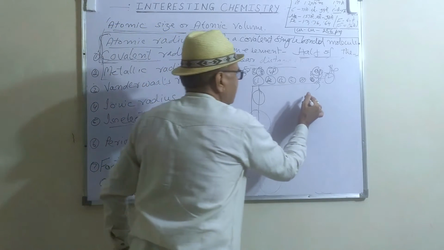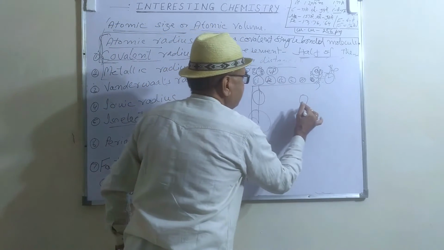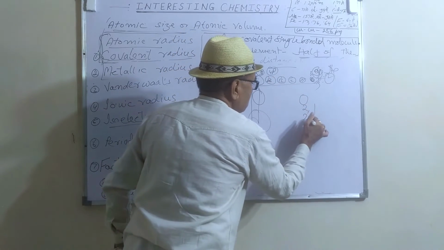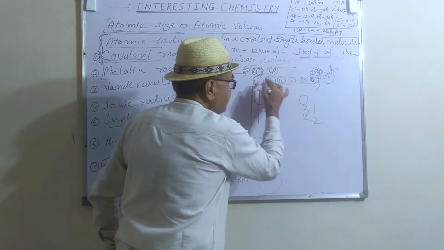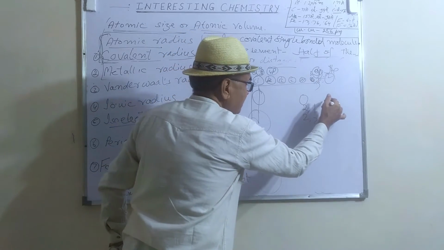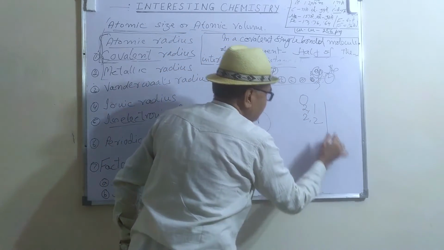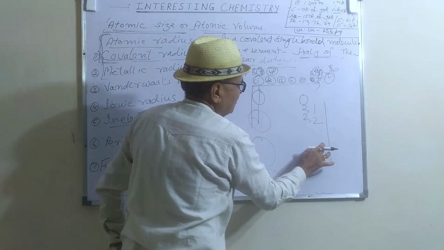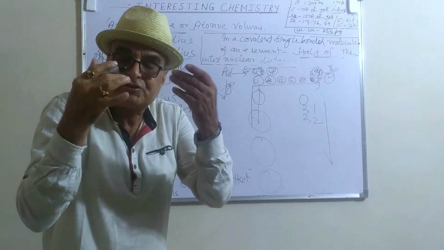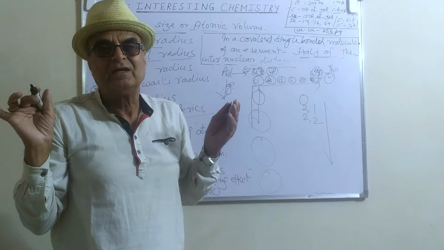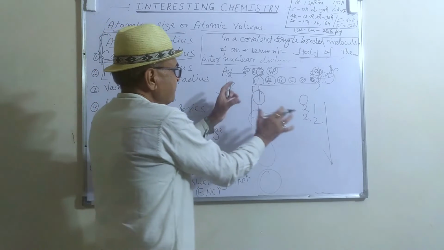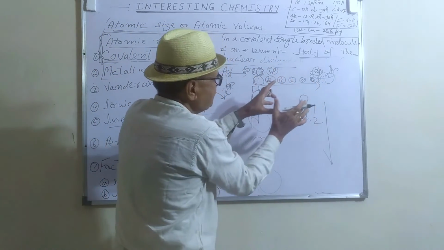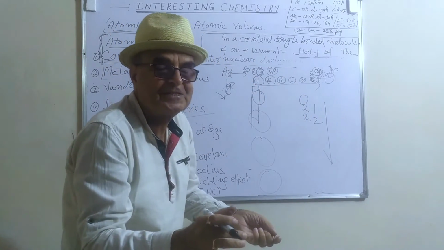But lithium is 2, 1, beryllium is 2, 2. The nuclear charge is increasing, but the entering electron will enter the same shell. So with the increasing nuclear charge, the effective nuclear charge will increase.